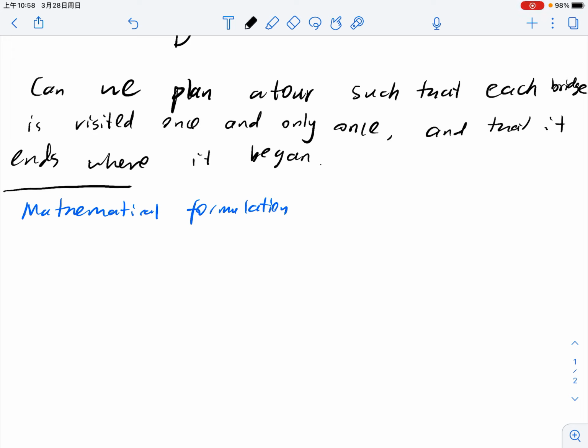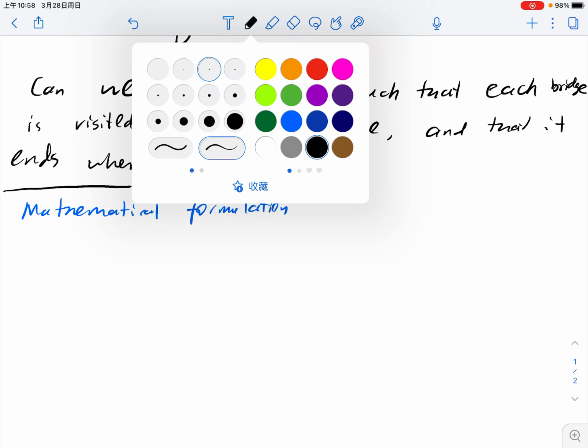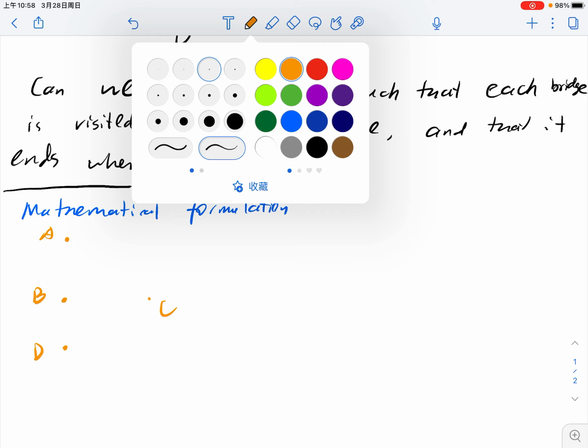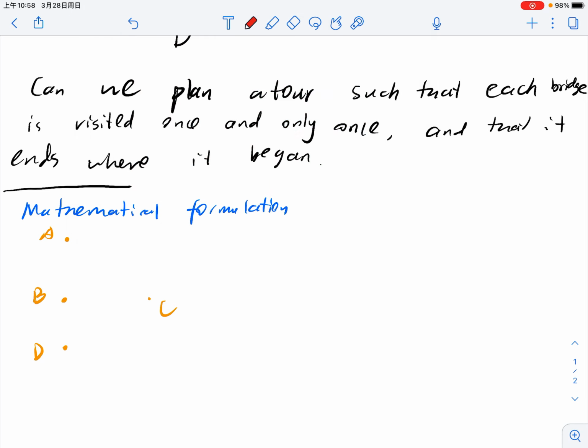For example, although you have the whole bank A, from Euler's point of view it's just a point A. And island B, island C, bank D are also points or vertices. And then the bridges between them can be abstracted to edges.